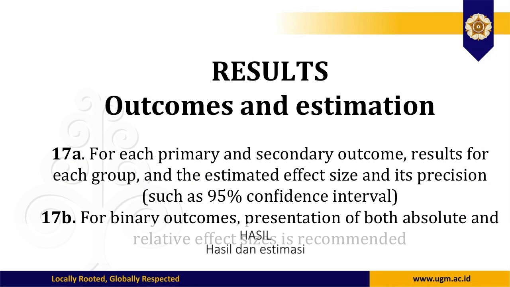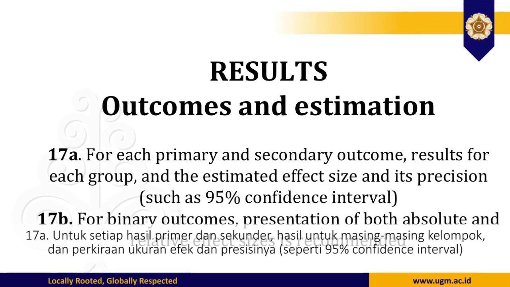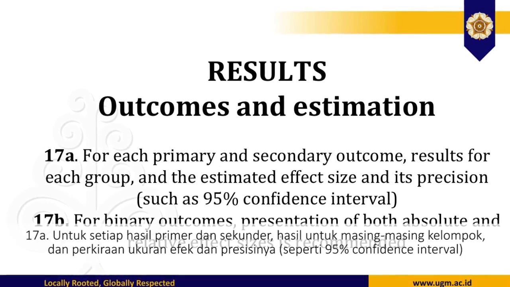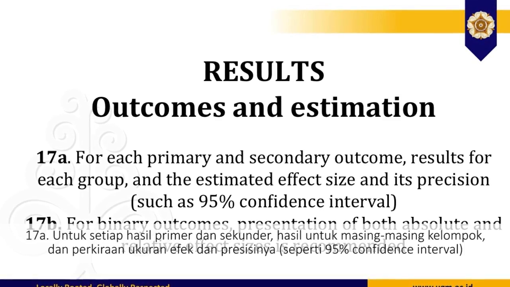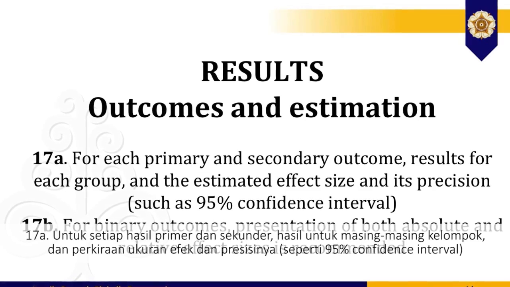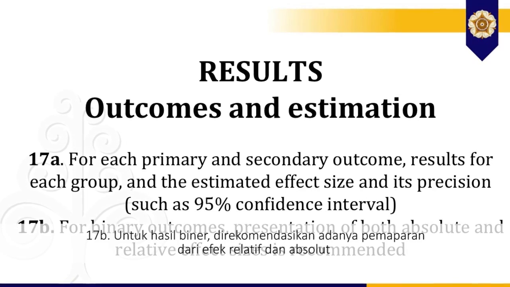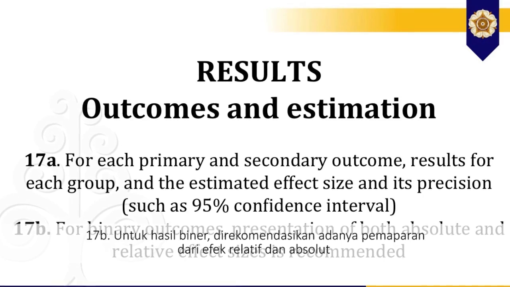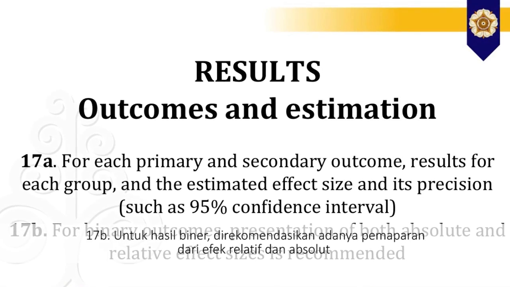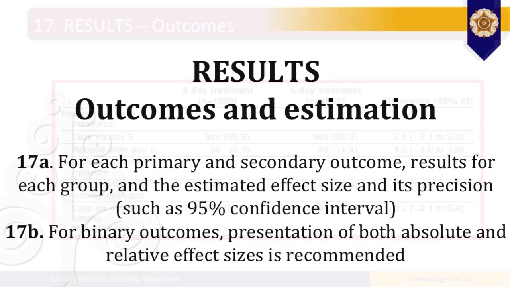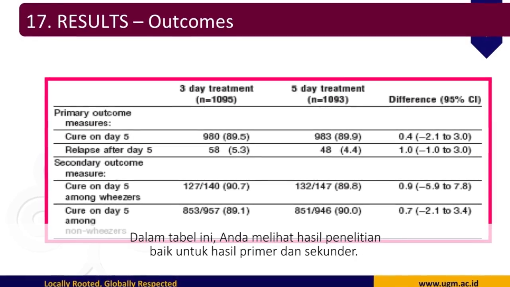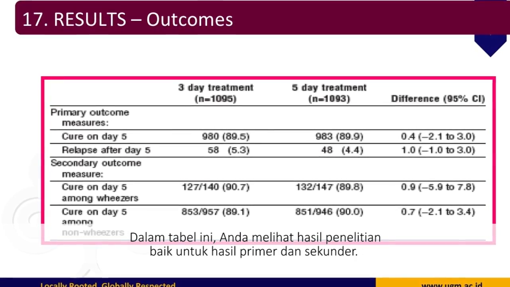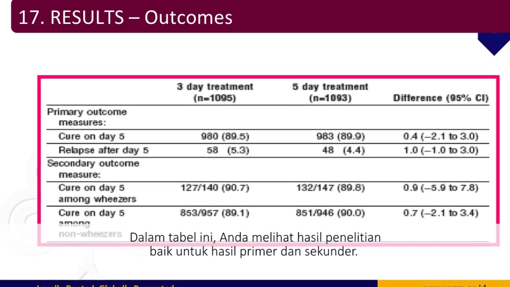Results, outcomes and estimation. 17a. For each primary and secondary outcome, result for each group, and the estimated effect size and its precision, such as 95% confidence interval. 17b. For binary outcomes, presentation of both absolute and relative effect size is recommended. Look at Table 2 on page 3. In this table, you see the study result for both primary and secondary outcome.